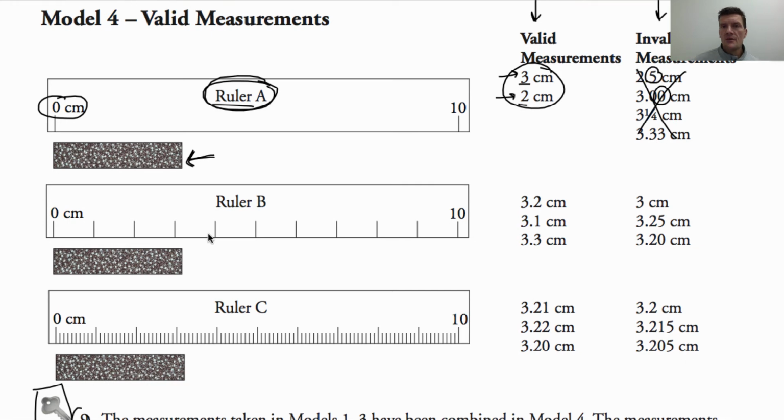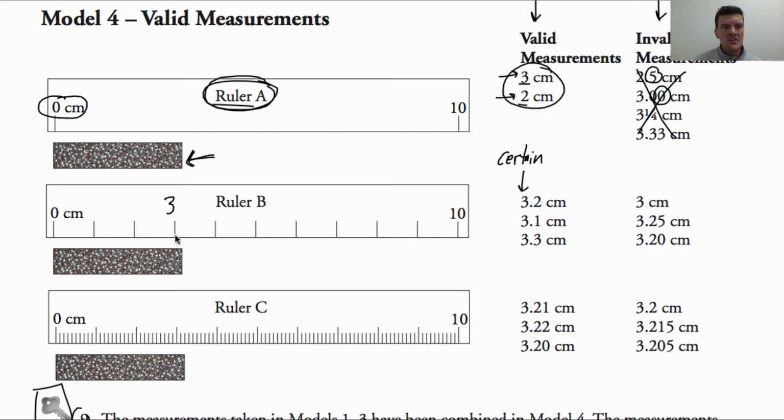Ruler B, now we have a few more marks. Now everybody is certain that it is at least 3. This is the one that you are certain of. Everybody can be certain of that. Then you are allowed one more digit past the certain place value. The units place, we are all certain about.